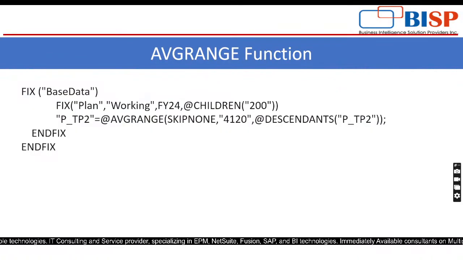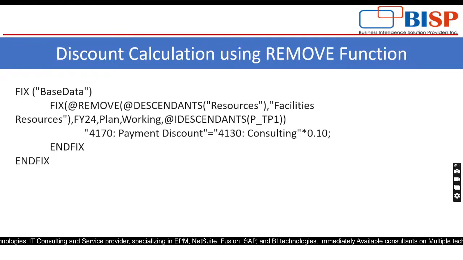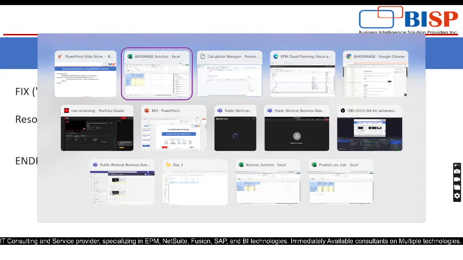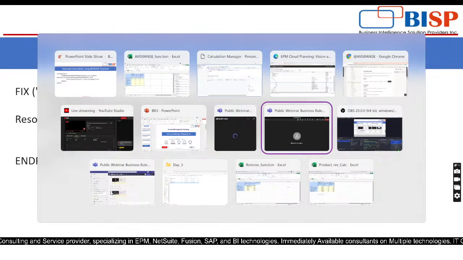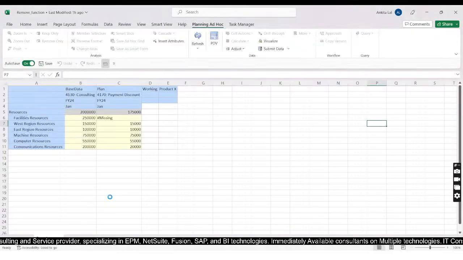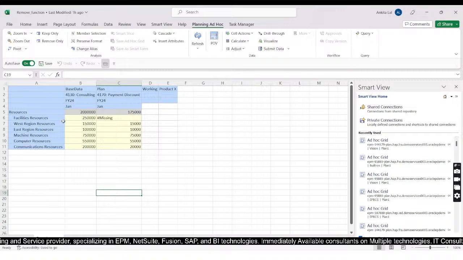Now we will move to our second requirement, that is we are going to calculate discount using the remove function. Let me take you to the requirement. Here we are calculating the discount payment for consulting fees.